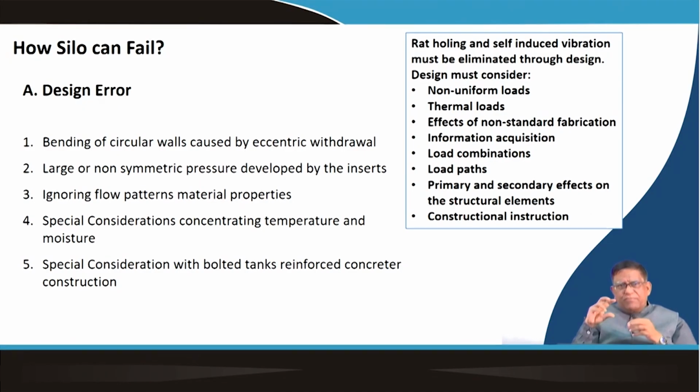So, if you are bolting, wherever you have a nut and bolt, you have a hole. Those are weak points, and there could be stress concentrations which may lead to failure. Rat holing and self-induced vibration must be eliminated through design, because whenever there is a rat holing problem, the vibration pattern may change, because the material is flowing differently.